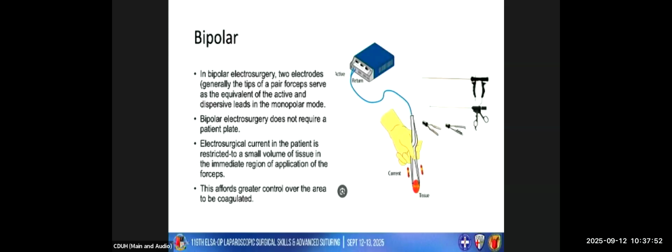The electrosurgical current in the patient is restricted to a small volume of tissue in the immediate region of the application of the forceps. This affords greater control over the area to be coagulated, and damage to sensitive tissues in close proximity to the instrument can be avoided. There is less chance of capacitive or direct arcing to surrounding structures such as the bowel.